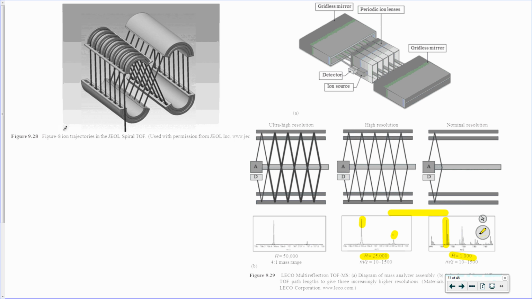And if I don't like that resolution enough, I can make it bounce through the mirrors even more, and I can get 50,000 resolution. This is the same distance, but see how it got sharper, more needle-like on that one. It's a $500,000 instrument, but a highly capable instrument.